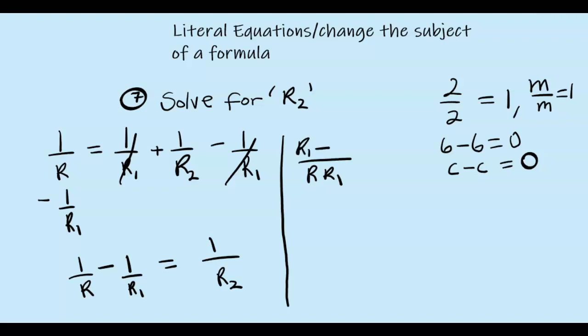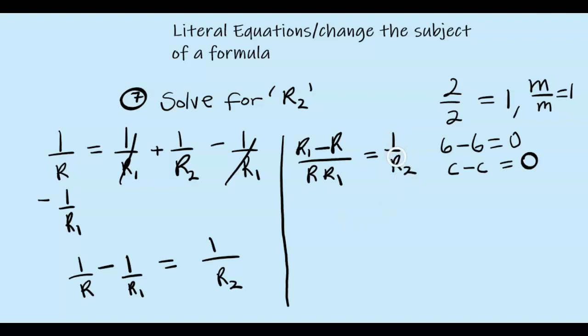We bring the minus and then the r times 1, that gives us r. This is already there, so we just write it as 1 over r2.